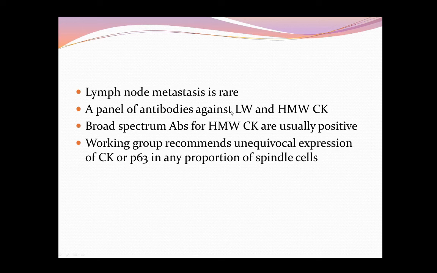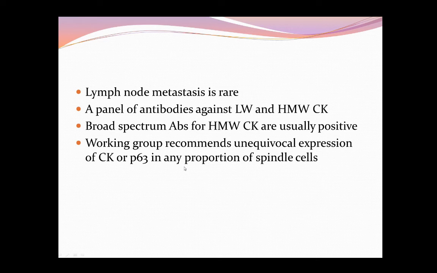Usually a panel of antibodies against the low molecular and high molecular weight cytokeratins is used. Usually the broad spectrum and high molecular weight cytokeratins are positive. The working group recommends unequivocal expression of cytokeratin or p63 in any proportion of spindle cells for diagnosis. But negative IHC does not exclude the diagnosis.